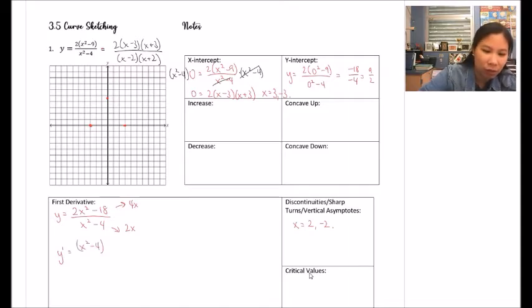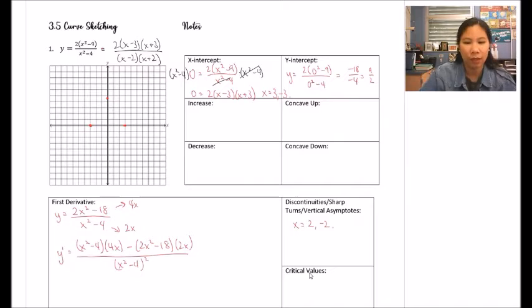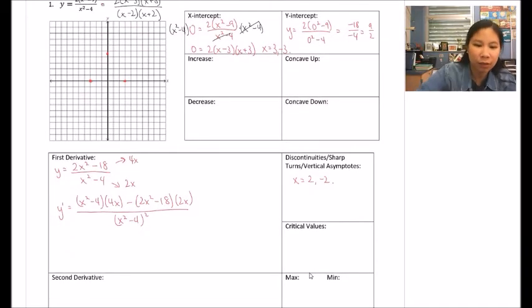Let's simplify this a little bit by distributing at the top. We're going to have 4x cubed minus 16x minus 4x cubed plus 36x.